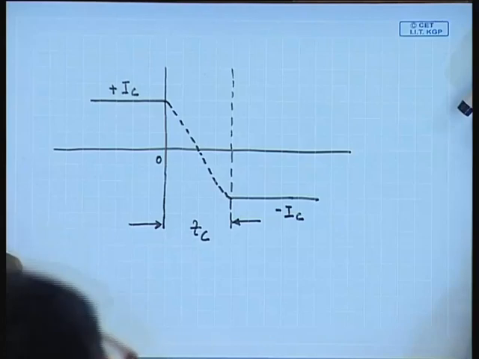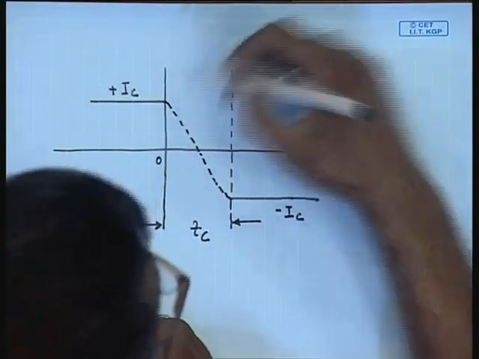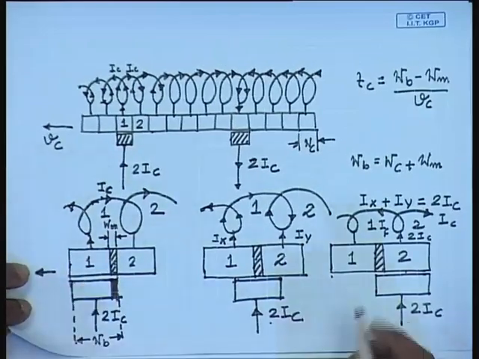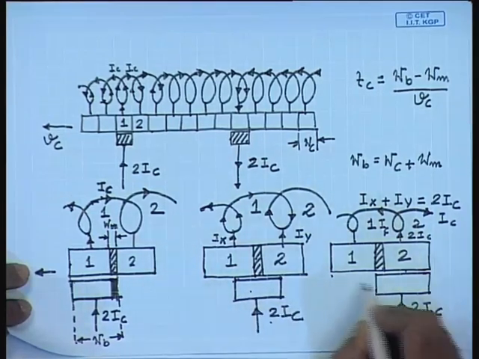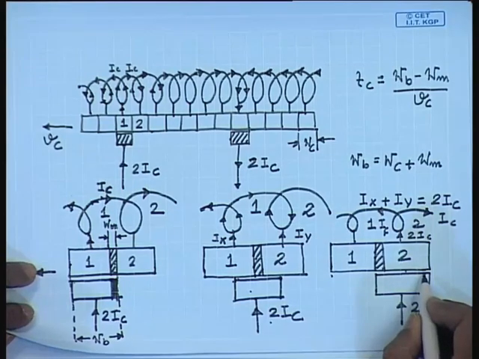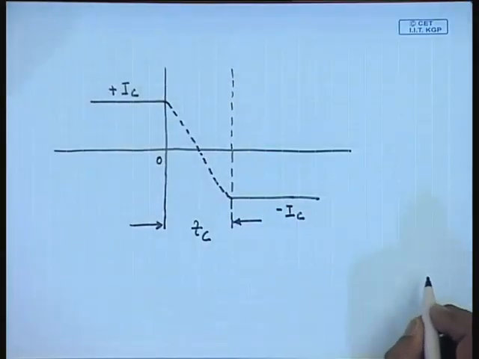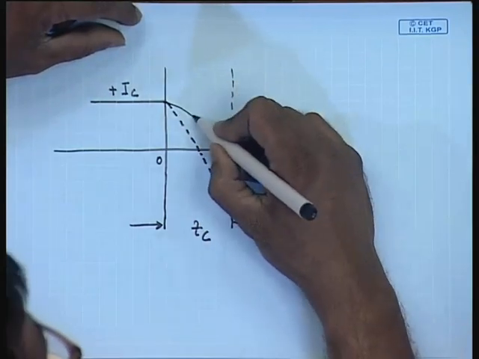There are several reasons for this. In some cases, even when the brush has left commutator segment 1 and moved to commutator segment 2, the current has not fully reversed, but only partially.